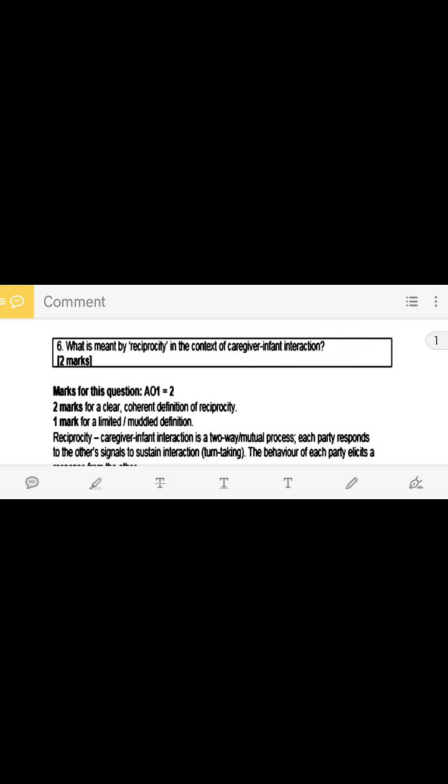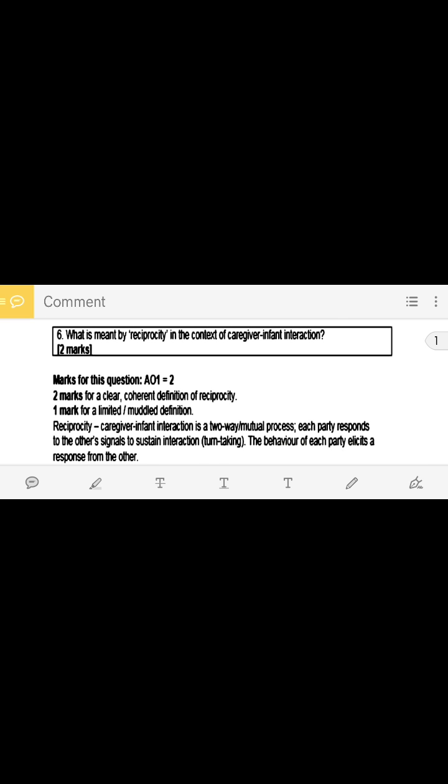The next question, what is meant by reciprocity in the context of caregiver-infant interaction? A number of you dropped a mark on this particular question. If we look at this, you only gave really a limited or muddled definition.